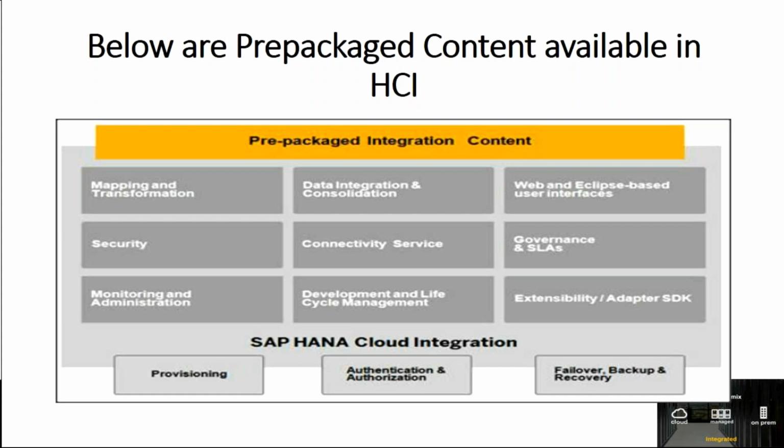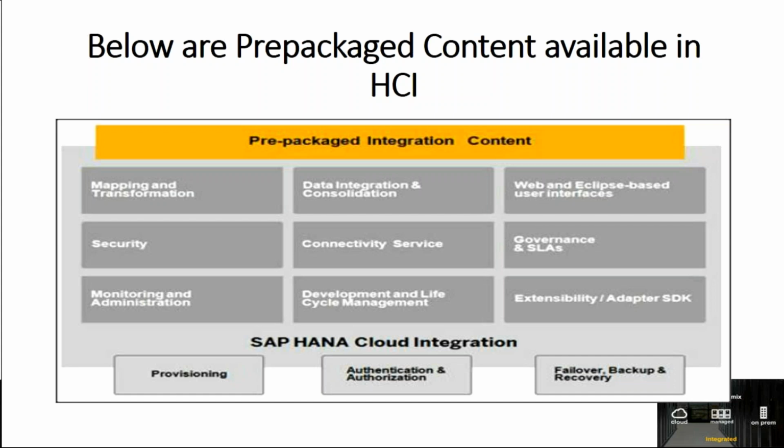You have the different connectivity services, which means the different types of adapters available in HCI. Almost 11 adapters at the receiver and 9 adapters at the sender end. We will see those things. You have the governance and SLA, which means monitoring and SLA.